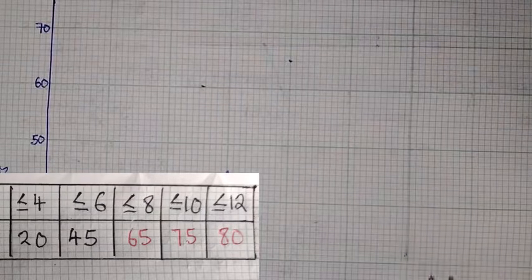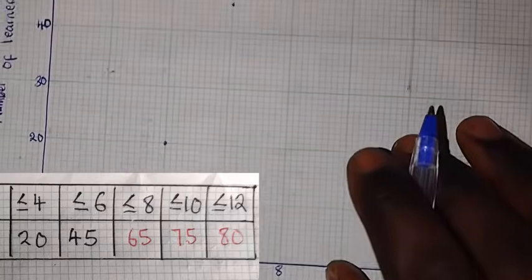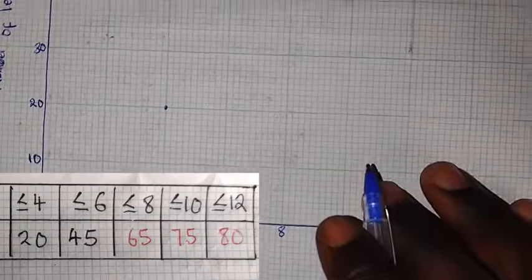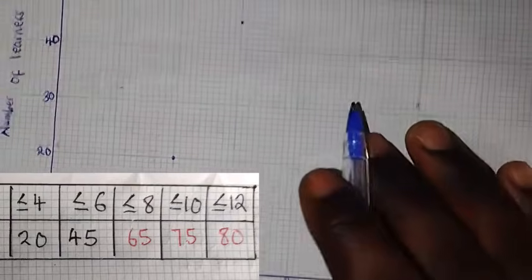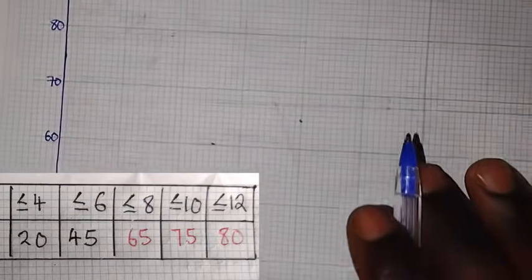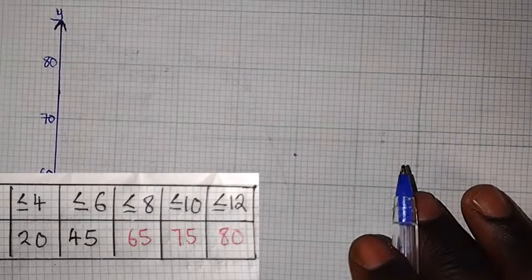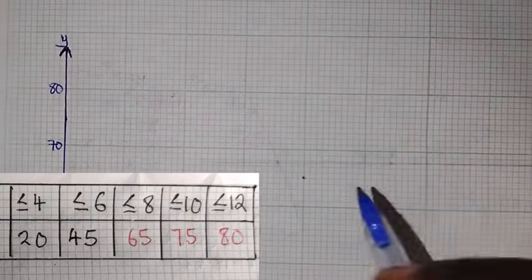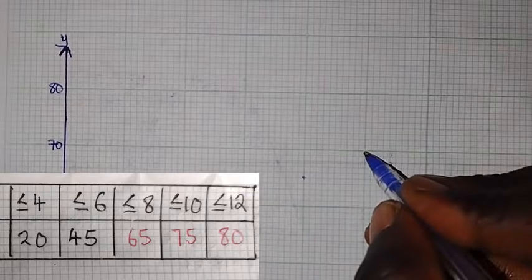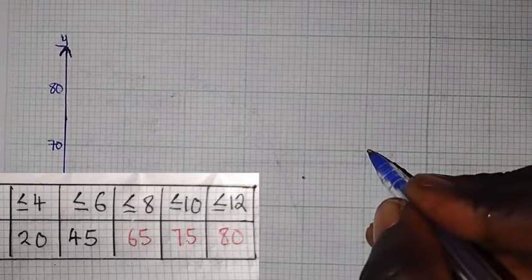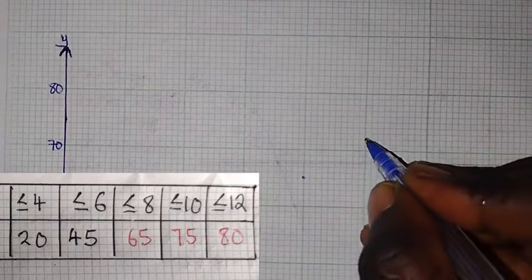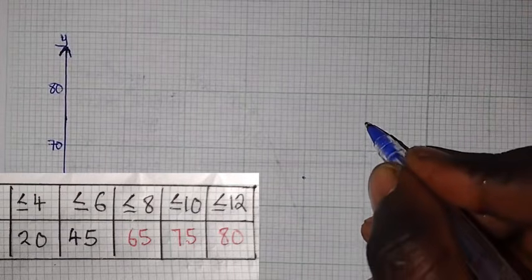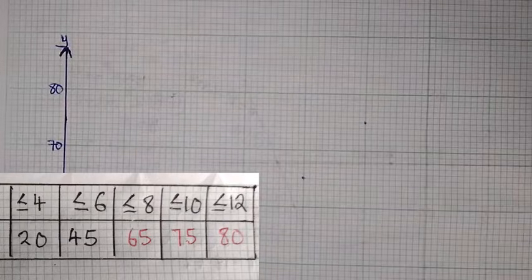Then from there, we go to 10, 75. On our x-axis, this is our 10. Again, we follow this line and go on top until we find the 75. Where is our 70? This is our 70. Where is our 75? We count 1, 2, 3, 4, 5. So this is where the 75 is.